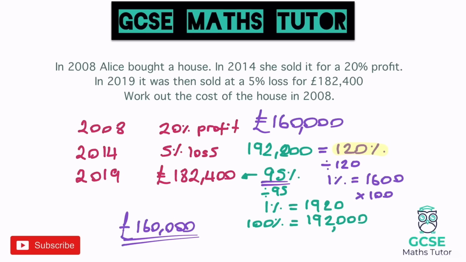The 95% one wouldn't be very nice, but thinking about how you could have done this 120%, which is quite common when VAT is added on, because they often have these VAT questions where they say VAT was added on at 20%. There is a way of doing that without a calculator, and what you could do when that happens is you can divide by 12 and then times by 10. So you could do that without a calculator. You could do a bit of bus stop there and divide 192,000 by 12 and then just add on a 0 when you times by 10. Okay, there we go.